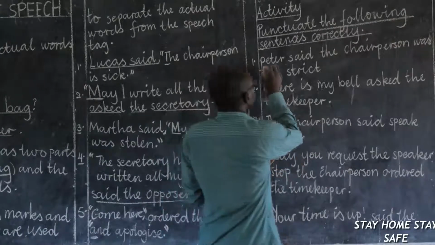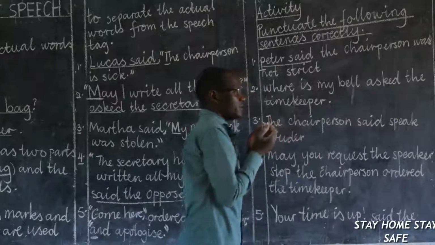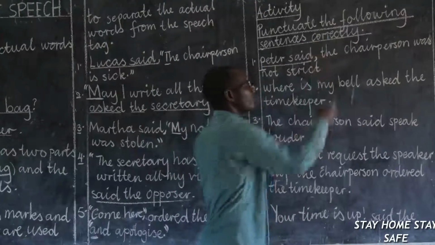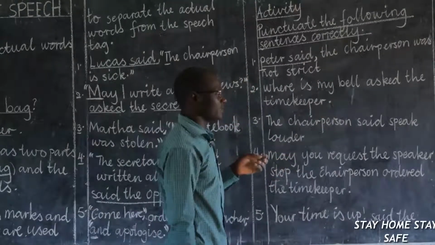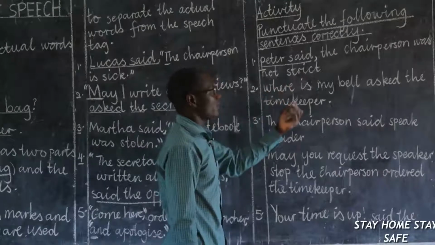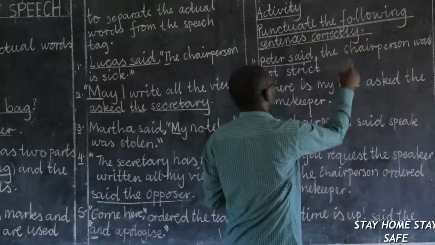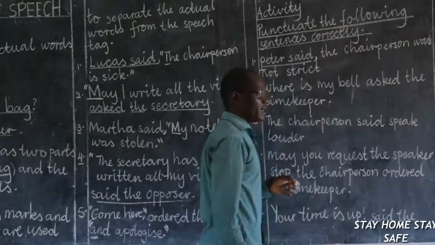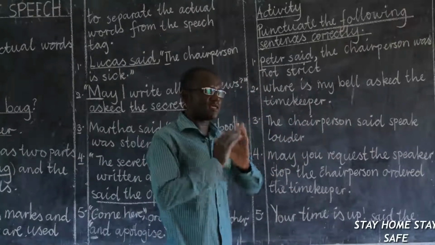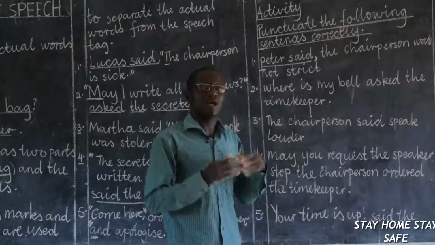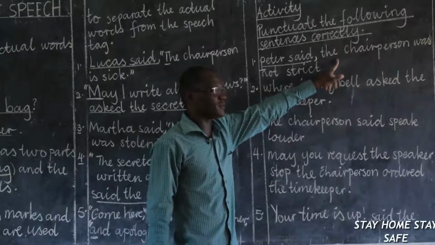Being that "Peter said" is our own words, we are going to separate them from what he said using a comma. Now, "the chairperson was not strict" are Peter's words, not ours.